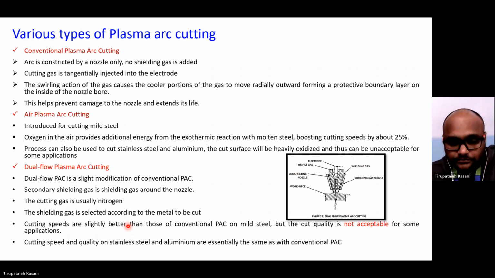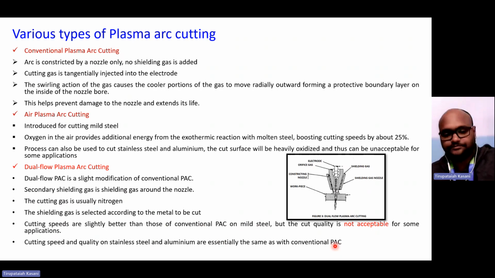The cut is also not uniform. At some portions, a high amount of metal may be removed, not in a straight line. It may be curved. That is the reason why the cut quality is not acceptable for some applications. That is the disadvantage. Cutting speed and quality on stainless steel and aluminum are essentially the same as with the conventional plasma arc on mild steel.